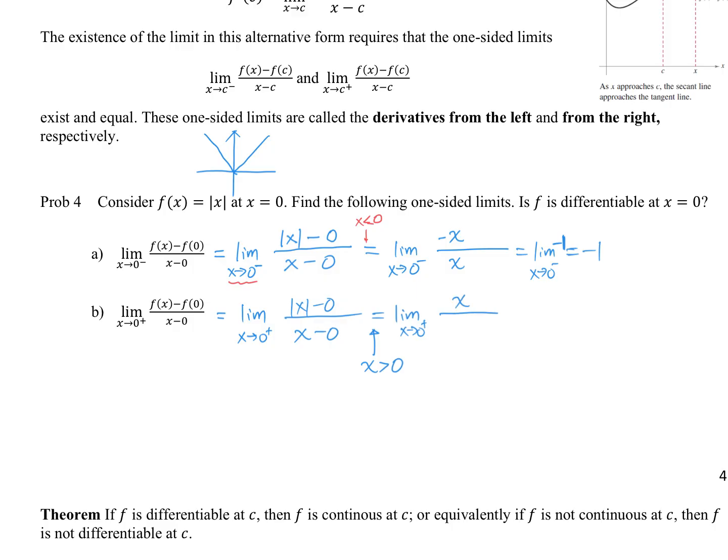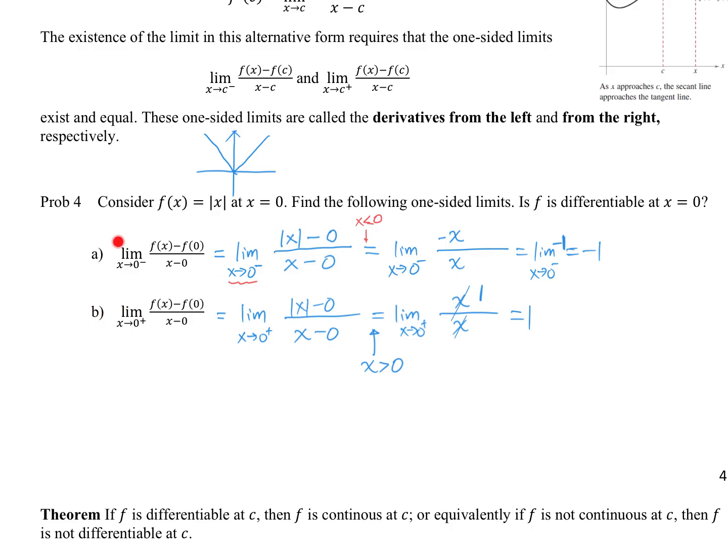We simply drop it. So the top we have x, the bottom we still have x, and they cancel to become 1. And what's the limit of 1 when x is approaching 0 from the right? It is equal to 1. So therefore, because the left-sided and right-sided limits do not equal, this limit does not exist.